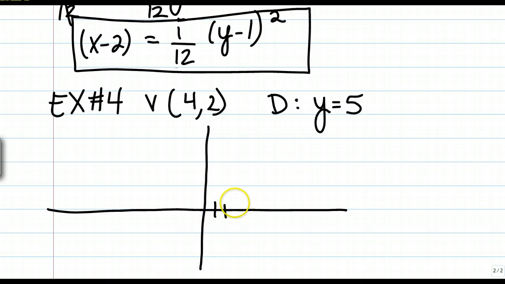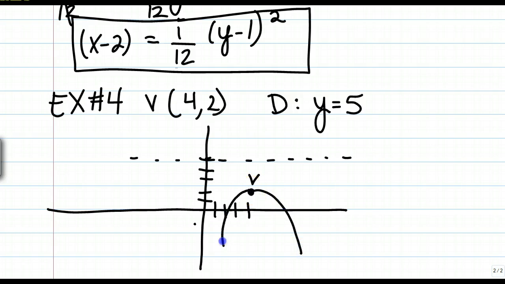You're over 1, 2, 3, 4, up 2, that's your vertex. Your directrix is cutting through the y-axis at 5, so 1, 2, 3, 4, 5. So that means that your parabola must open downward because it can't cut into the directrix.